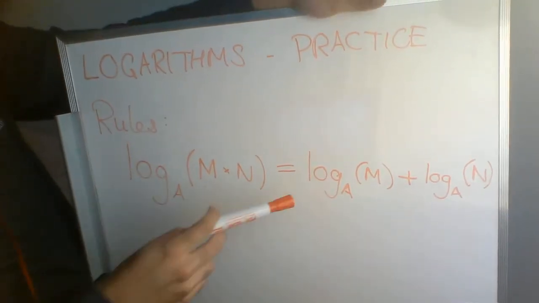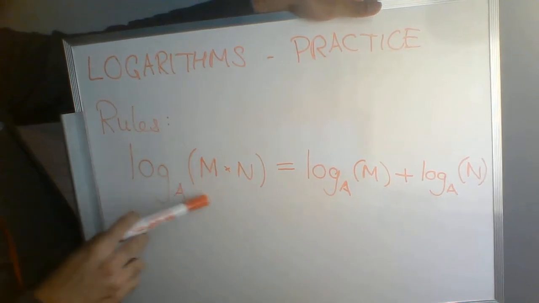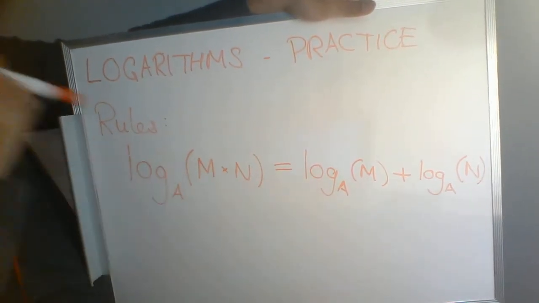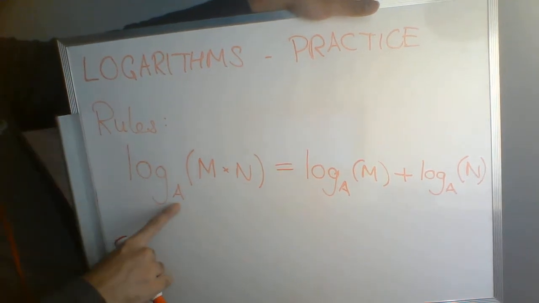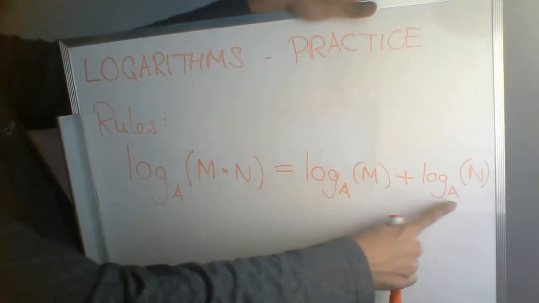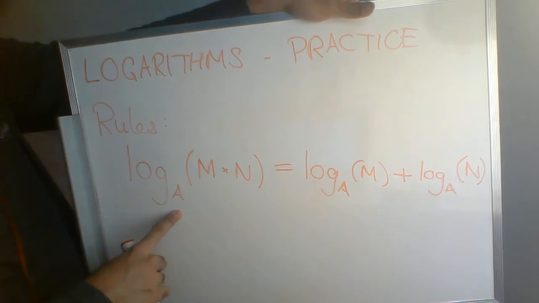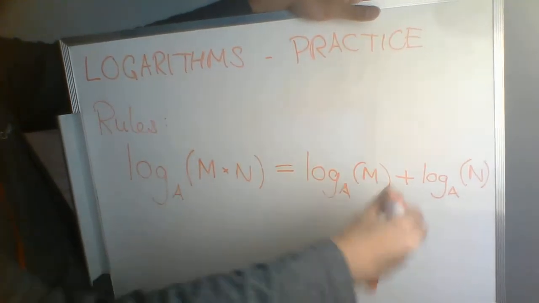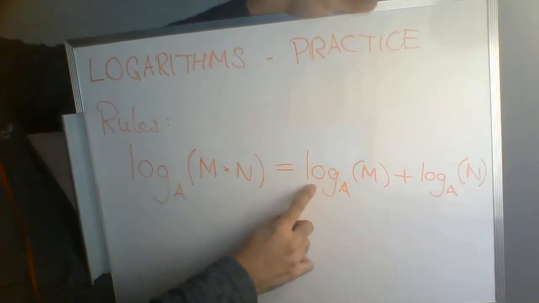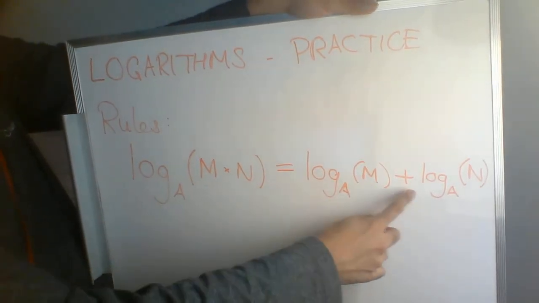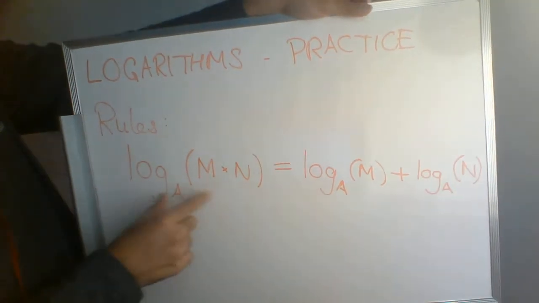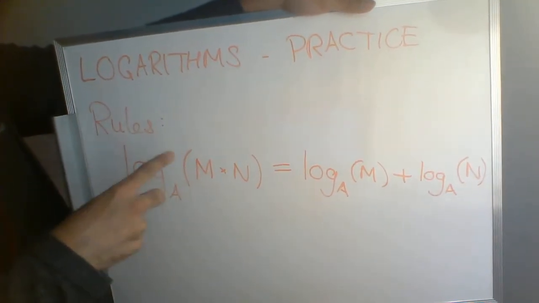So the logarithm base a of whatever that first term is, plus logarithm base a of whatever that second term is. Note that this base down here needs to be the same for all of them. So sometimes you'll be taking this and expanding it out to work with those terms, but sometimes you might have logarithm base a of something plus logarithm base a of something else, and you can combine them to make one giant logarithm instead.